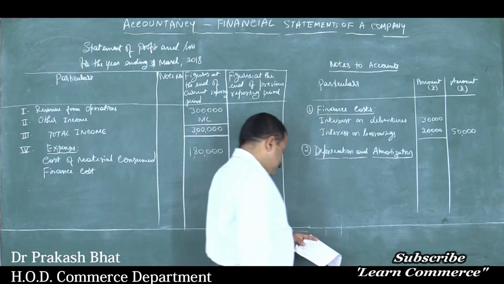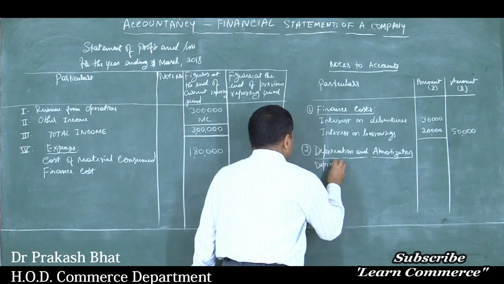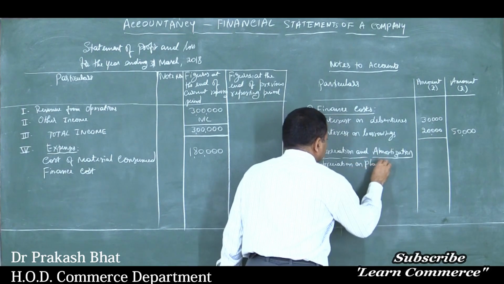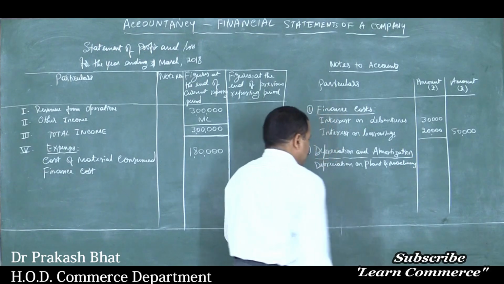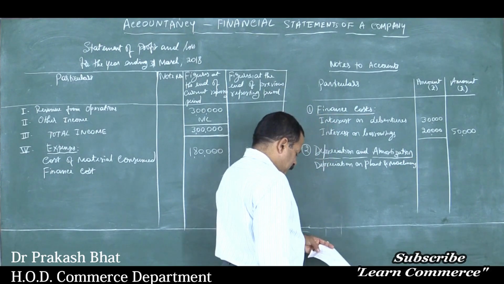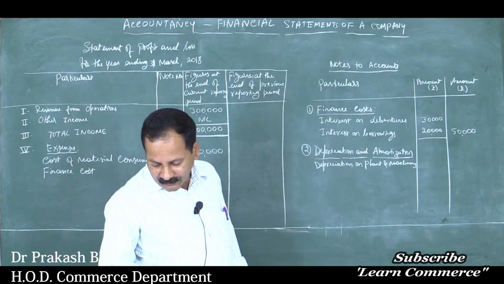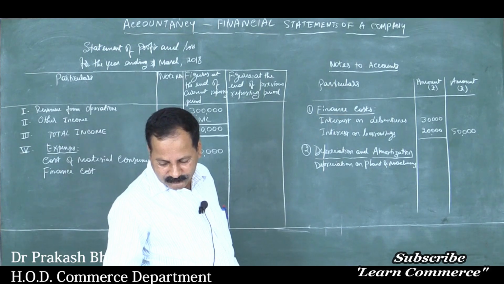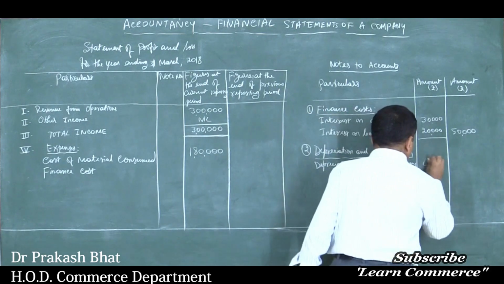So right here, depreciation on plant and machinery. How much is that? Straight away the amount is given, right? No need to calculate. Percentage is not given, straight away the amount is given. That is 4,000, right? Yes, 4,000, inner column.